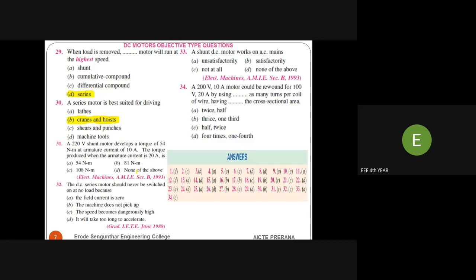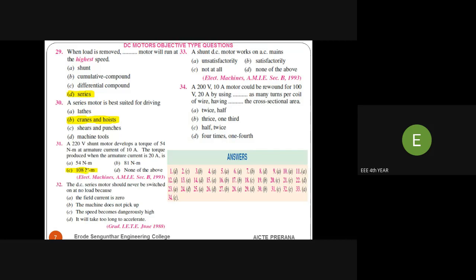The available data is: a 220 volt shunt motor develops a torque of 54 Newton meter at an armature current of 10 ampere. The torque produced when the armature current is 20 ampere is 108 Newton meter.